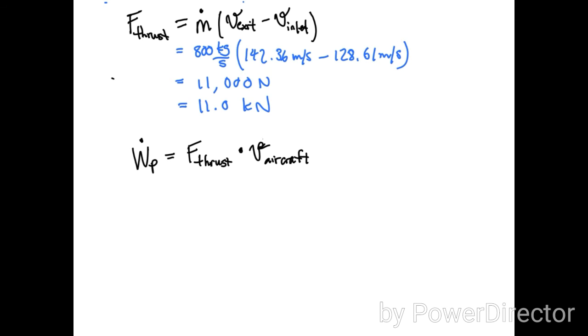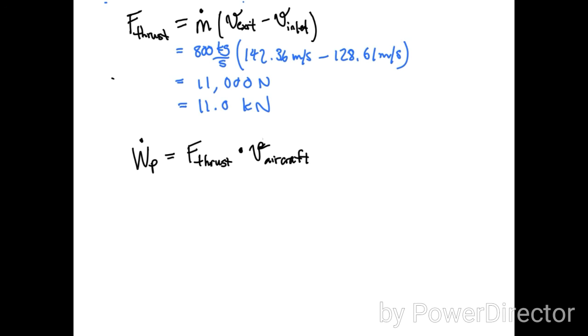Now that we know our thrust, we can take this value and put it into the equation for propulsive power. The propulsive power is the dot product of the thrust and the velocity of the aircraft, which we are given in the question.